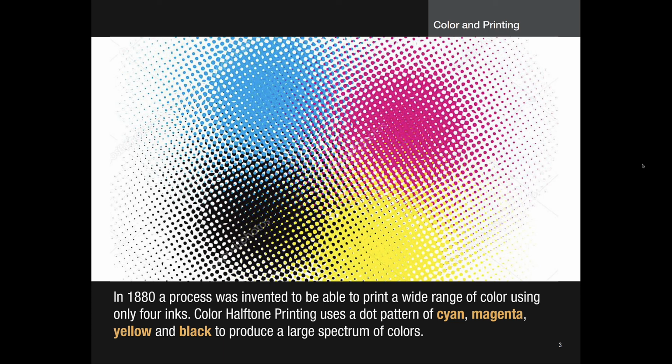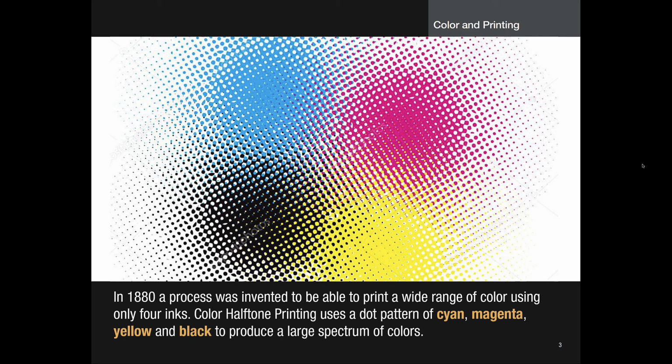So our printing process has remained pretty much the same for over 100 years. To print the widest range of color, a system was developed in the 1880s. Obviously, in a print shop, you can't have hundreds of different colored inks to try and get a full range of color.